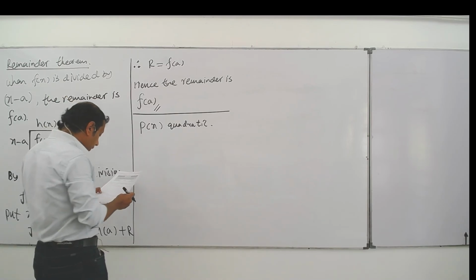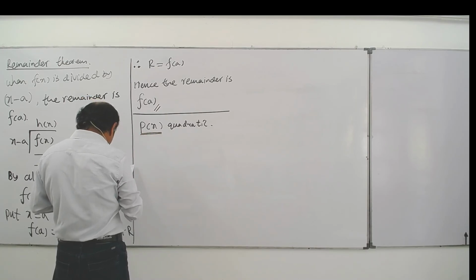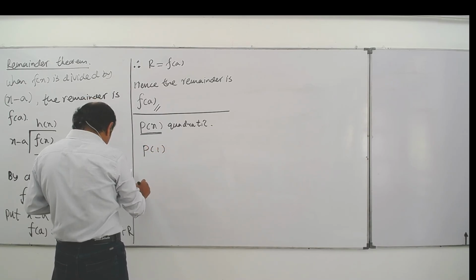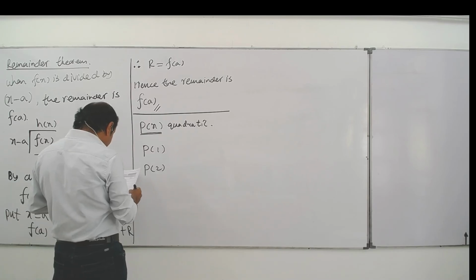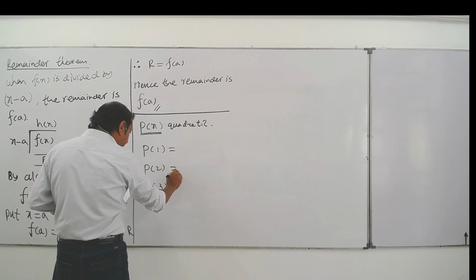P(x) is a quadratic polynomial, a second degree polynomial. When p(x) is divided by x minus 1, the remainder we can write as p(1). When p(x) is divided by x minus 2, the remainder we can write as p(2). When p(x) is divided by x minus 3, the remainder we can write as p(3).